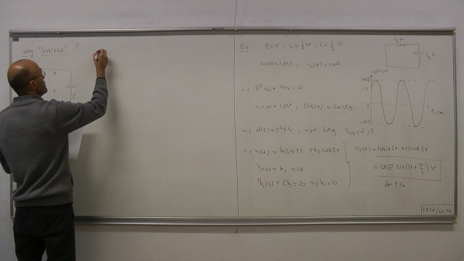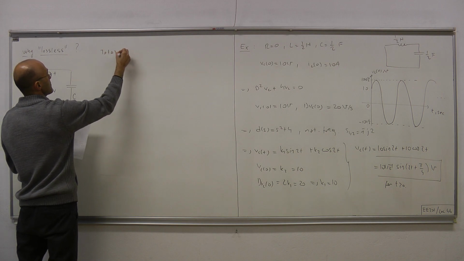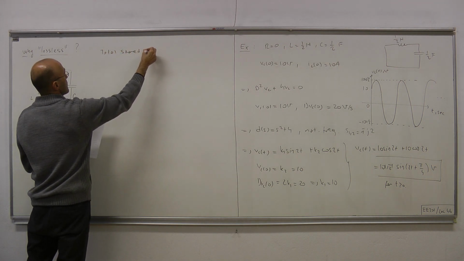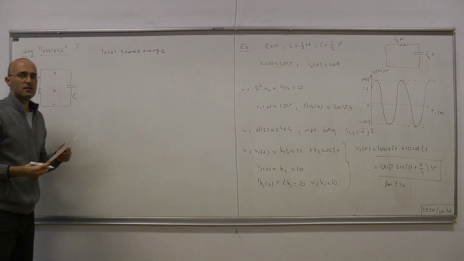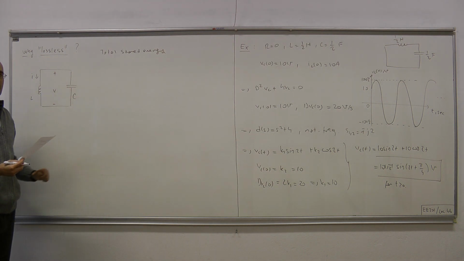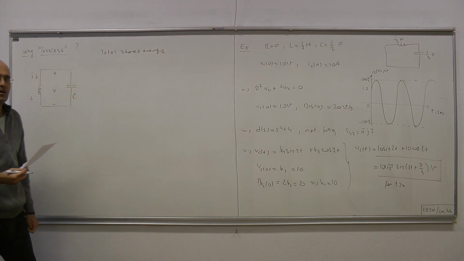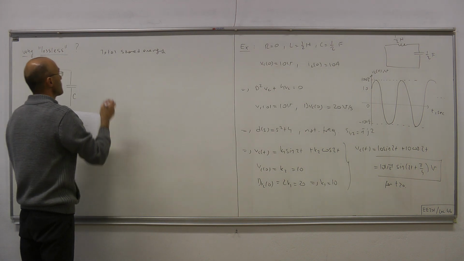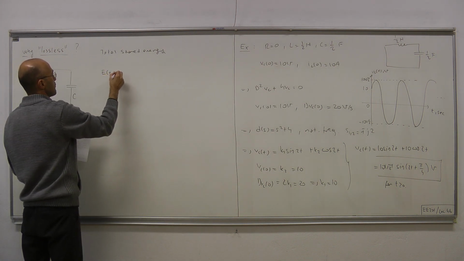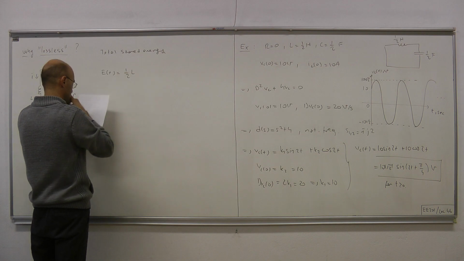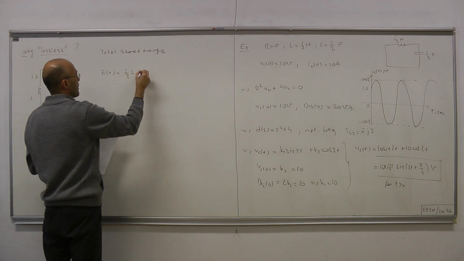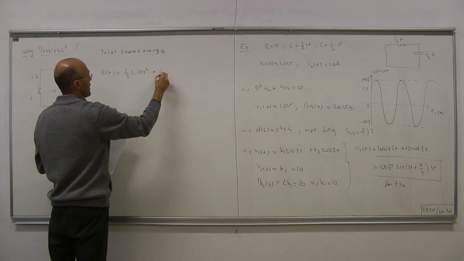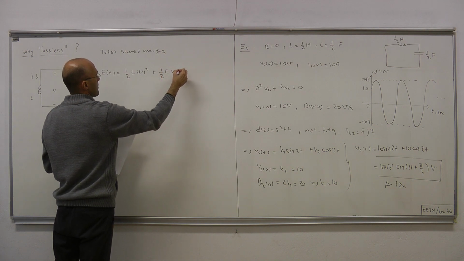Now, total stored energy in the circuit is the energy stored in the capacitor plus the energy stored in the inductor. So E of t therefore equals 1/2 L I(t) squared plus 1/2 C capacitor voltage squared.